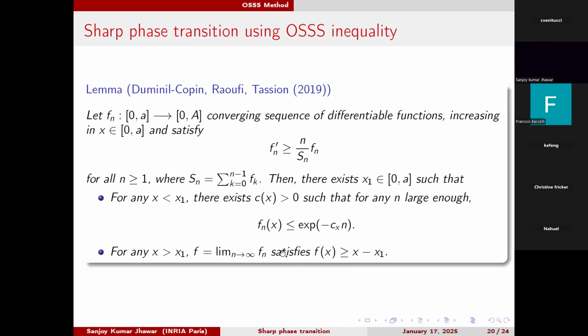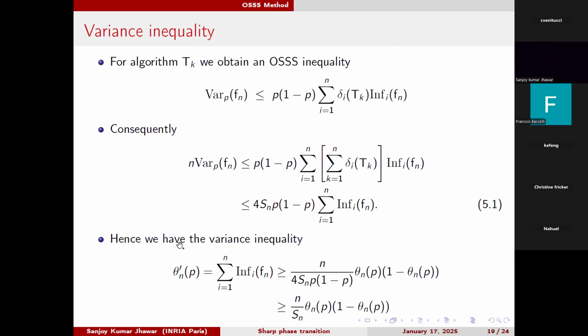Okay, so using this result from analysis, we can see that theta_n(p) also satisfies the sharp phase transition. We can just plug in the result to say how this function theta_n(p) behaves in the subcritical regime and how it behaves in the supercritical regime, given that you take the limit n tends to infinity on the left side.